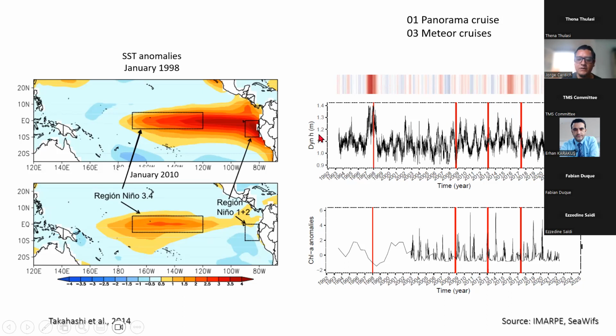In this panel, we have the dynamic height of the sea, that is an indirect proxy of ventilation of the area. And in this lower panel, we have the chlorophyll-a anomalies, that is used as a proxy of productivity of the area and exported production to the bottom.